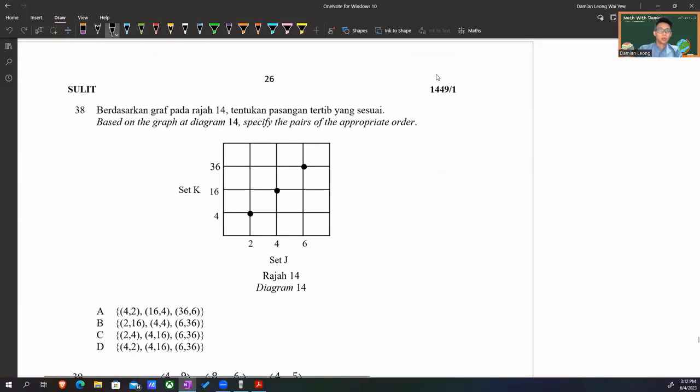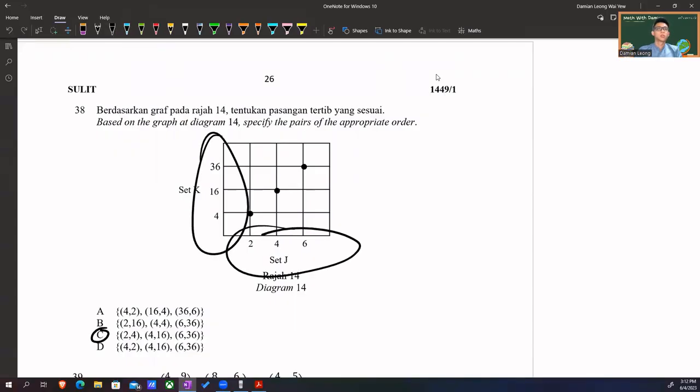Question 38, based on graph diagram 14, specify the pairs of appropriate order. 2 to 4, 4 to 16, 6 to 36. So the answer will be C. It's always horizontal to vertical.